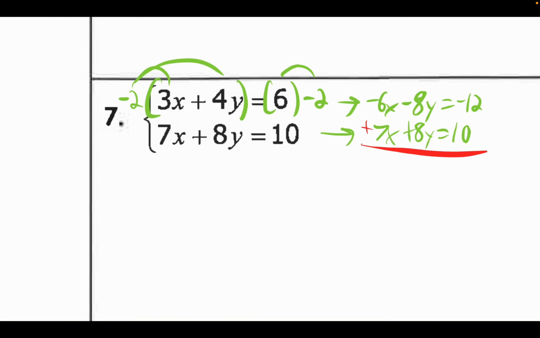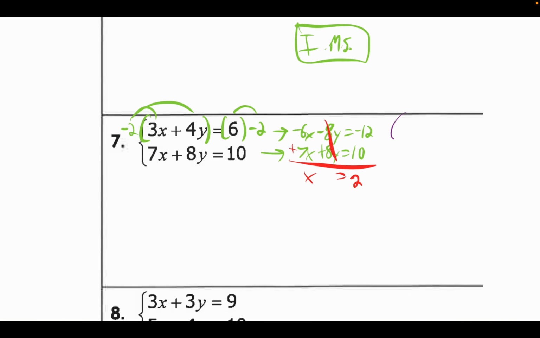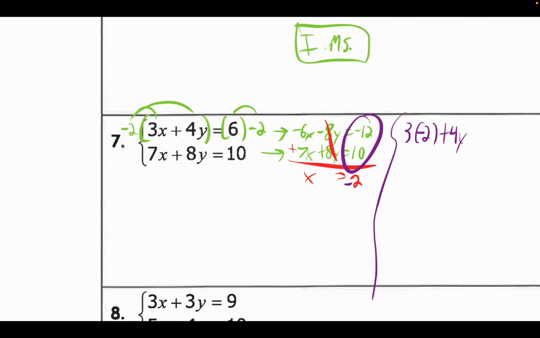And so as I add, I end up getting 1x, no y's, and positive 2. So x equals 2. Plug that back in. I'll pick my top equation. 3 times 2 plus 4y. This is a negative 2. I need to fix that because it was a negative 12 at positive 10. Glad I caught that before too much longer. And that equals 6. So that gives me negative 6 plus 4y equals negative 6.